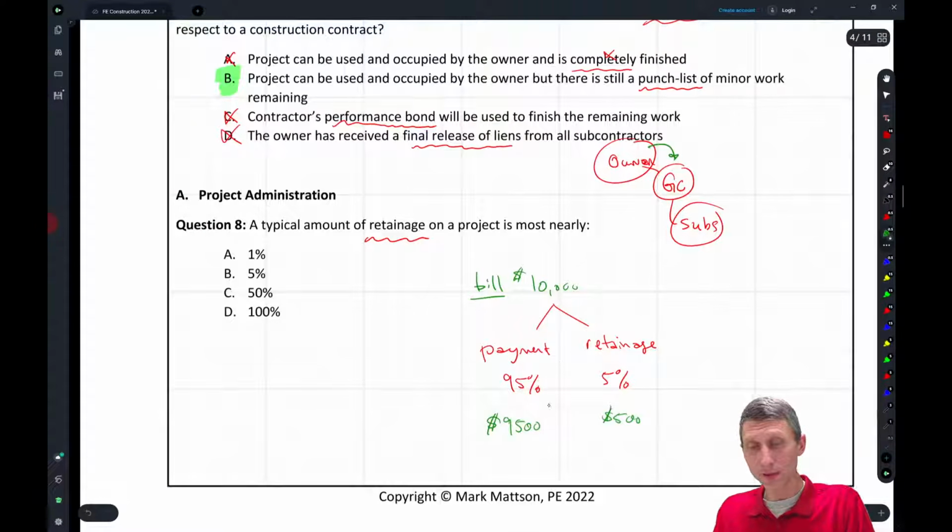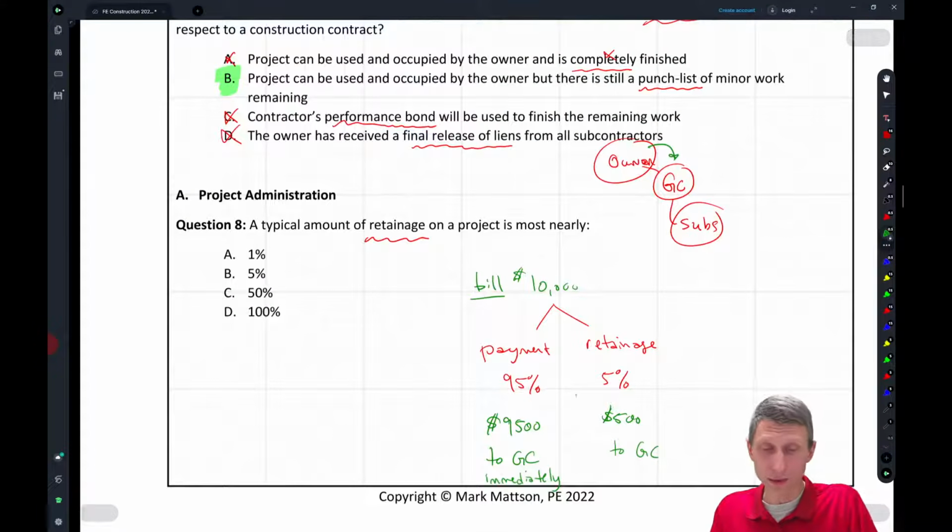So this amount, the payment, is to the GC. This is immediately after verification that the work's been completed satisfactorily, and the retainage goes out at final payment.